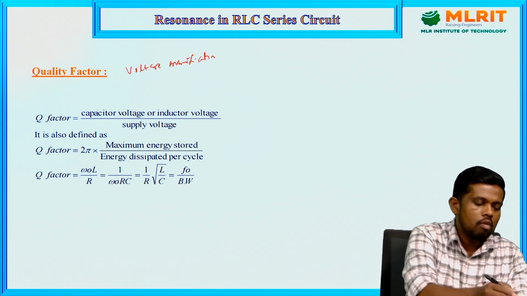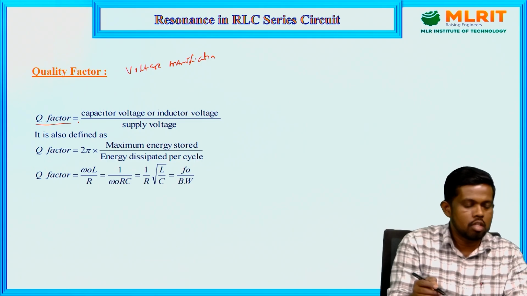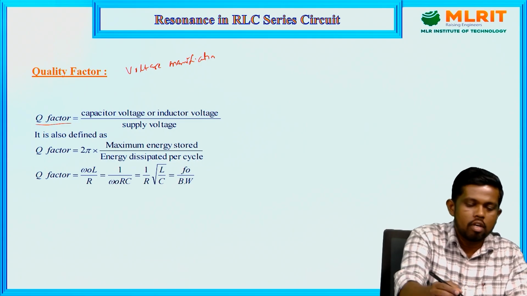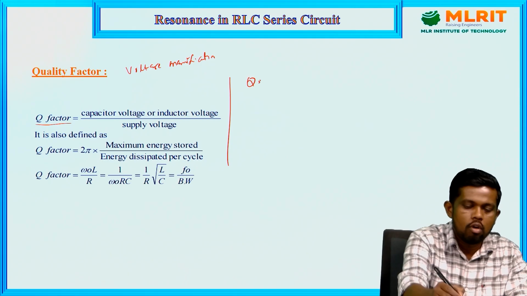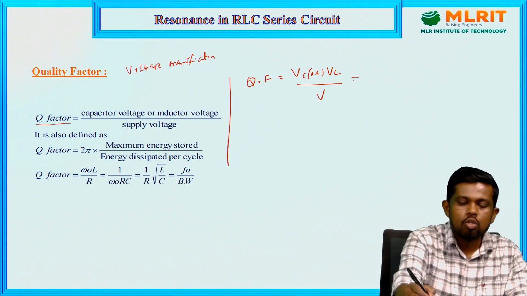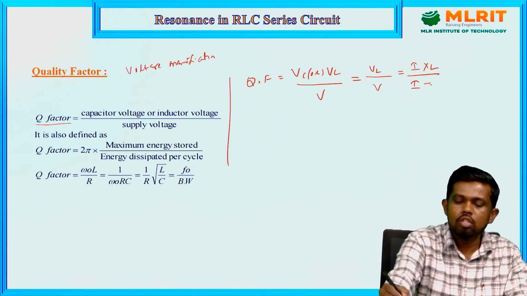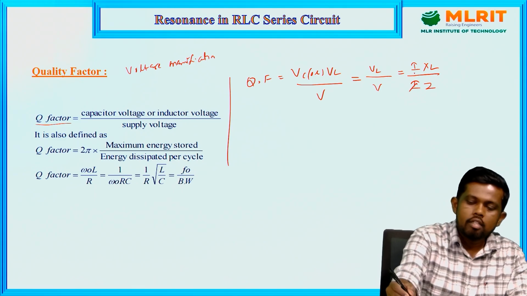Based on that, we can also call it the quality factor of the system or network. The quality factor QF equals VL or VC upon the applied voltage V. This is I into XL divided by I into Z. Both I's get cancelled.